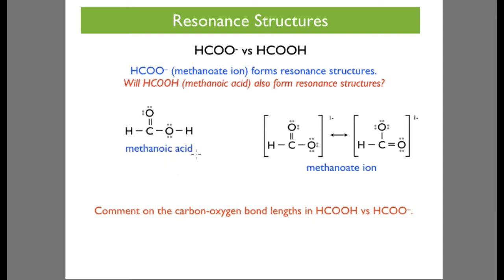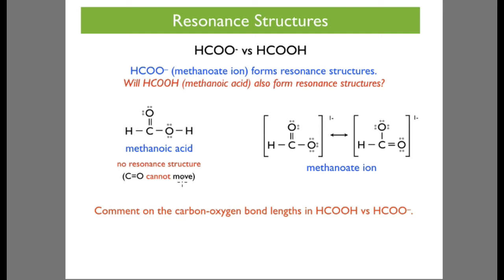Methanoic acid, the oxygen has two lone pairs, a bonding pair and a bonding pair. This could not spread over to here. So there's no resonance structures. The carbon double bond oxygen can't move.